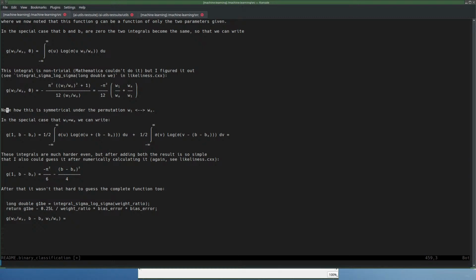And then we can fill that in. Is being the same thing with the weight ratio being 1, which is this formula, which I worked out here. No, I worked out here.